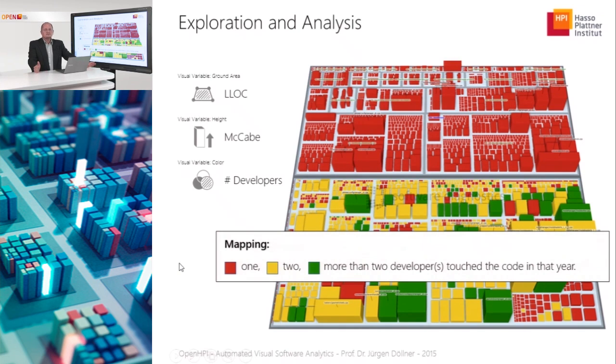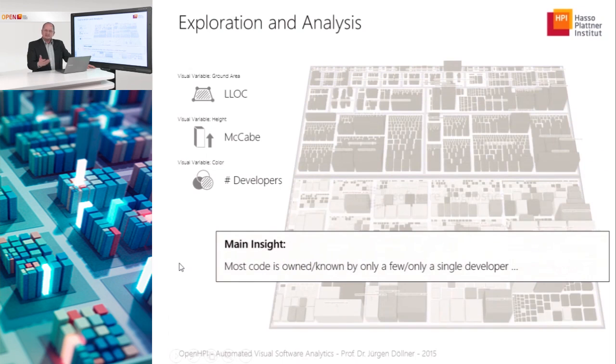So this might be one aspect of a possible explanation to what happened to the XY system. So the key insight here is most code is owned and known by only a few developers. This is achieved by applying software analytics, using software maps, and by analyzing the underlying source code and implementation and repository information.